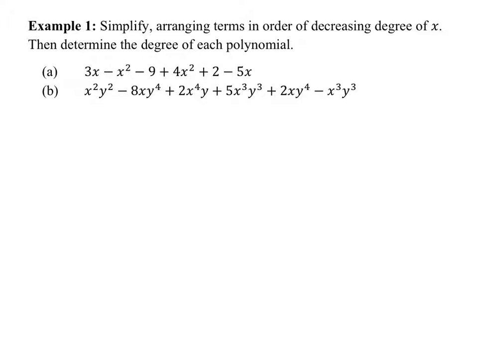Ash, give me one, or a set of two. Like 3x and negative 5x. Okay, that works. So 3x and the negative 5x are like terms. What's another set of like terms, Hannah? Negative x squared and 4x squared.